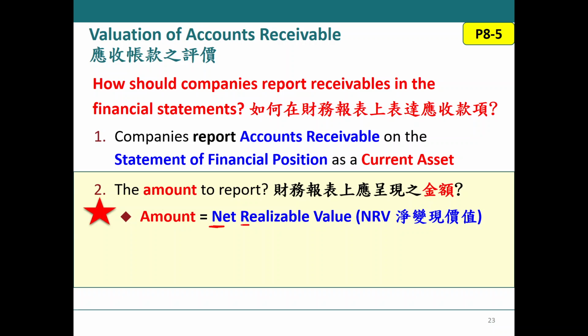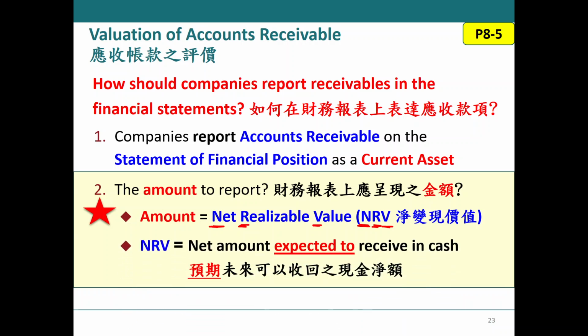NRV, net realizable value, 净变现价值. Okay? So what is our NRV? The net amount we expect to receive in cash, okay? Net amount we expect to get means what?